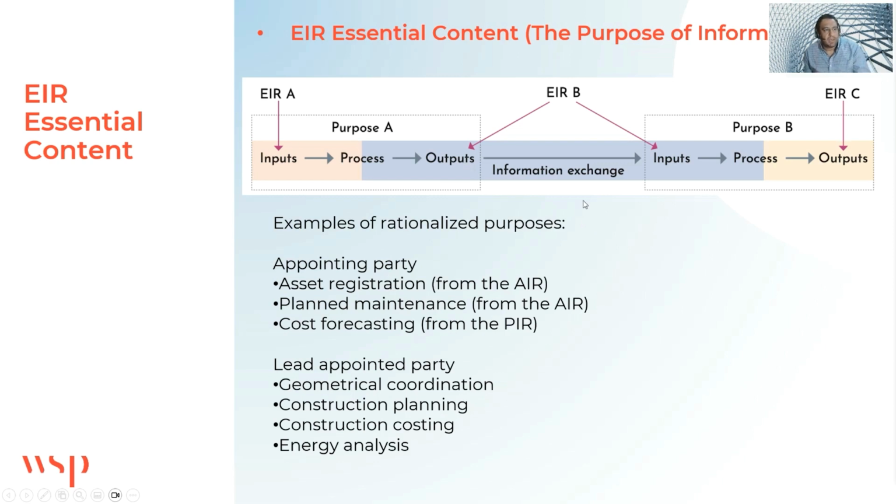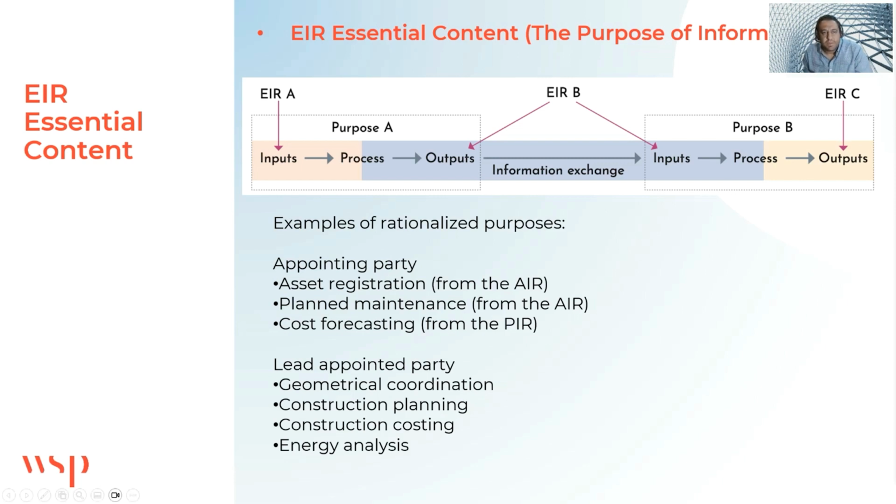So the purposes should be seen as, whenever applicable, feeding each other. A specific purpose of information could generate an output, and this output can act as an input for a specific different purpose.